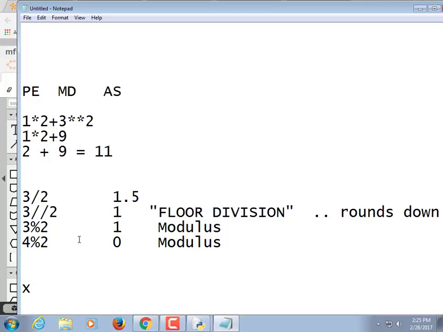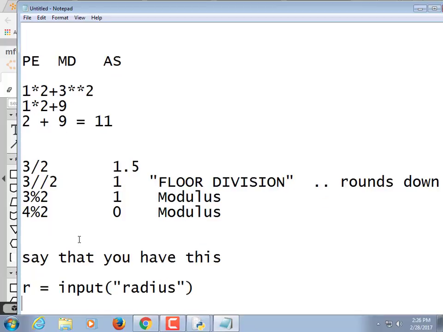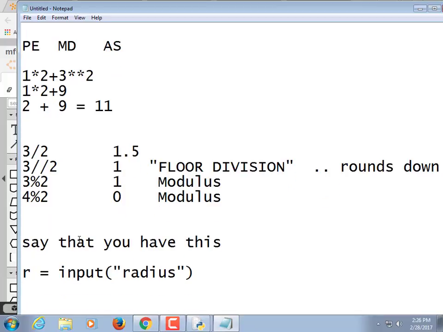All right, say that you have this. R is equal to input radius. What statement do you add after that to convert it to an int?